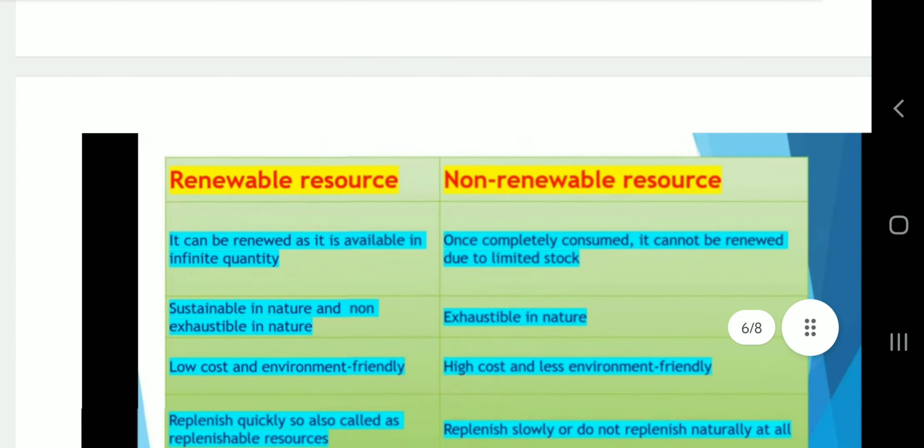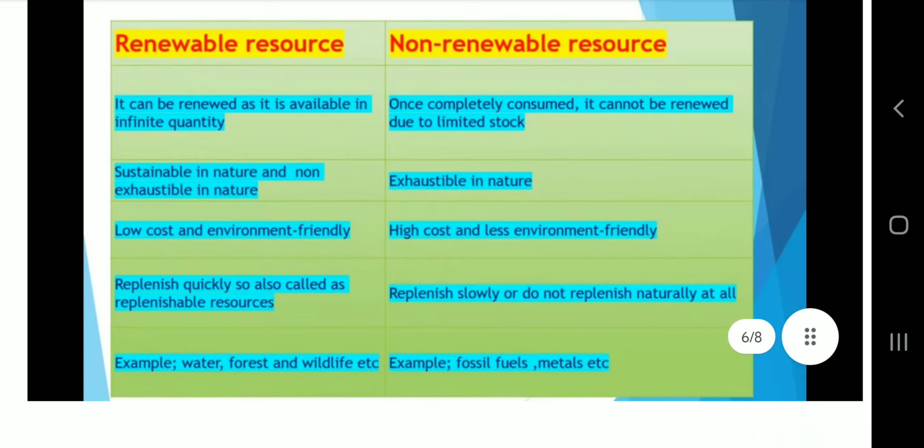These are the different property characteristics of renewable and non-renewable resources. In case of renewable resources, it can be renewed as it is available in infinite quantity. In case of non-renewable, once completely consumed, it cannot be renewed due to limited stock. Second point is sustainable in nature.